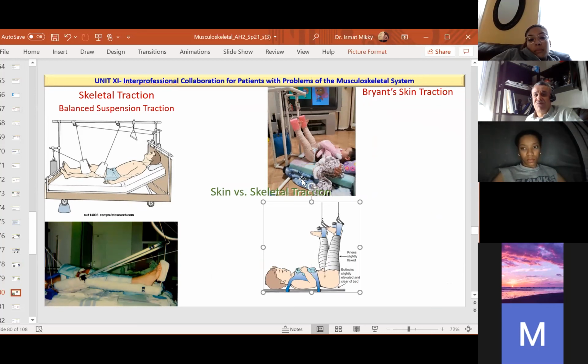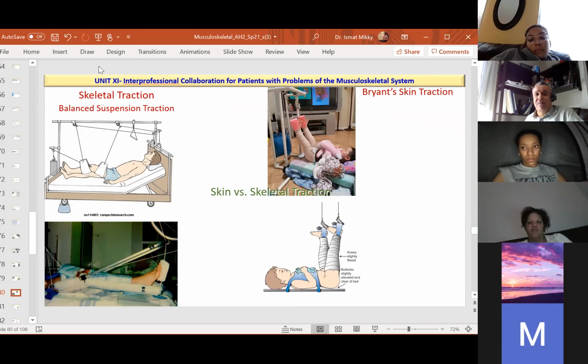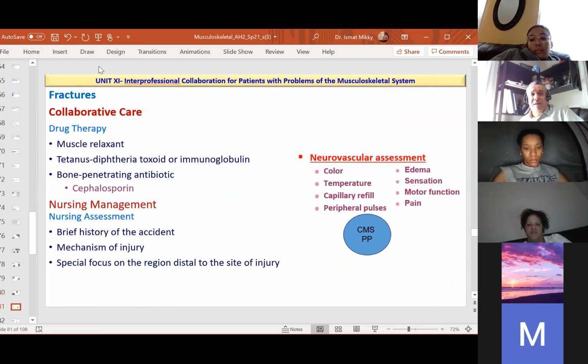That's the name of the traction, Bryant's traction, and that's to correct the congenital dislocated hip. Congenital dislocated hip at early phases of the disease process, or in non-severe scenarios, can be treated by a skin traction.